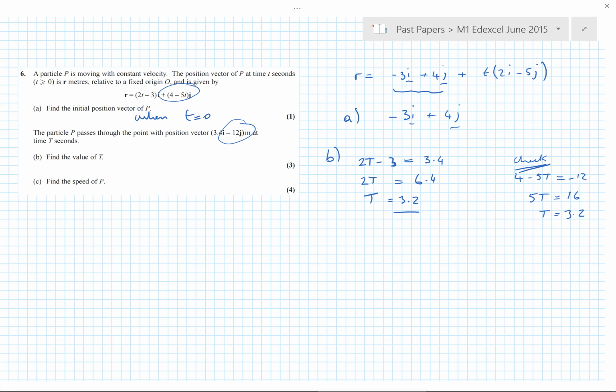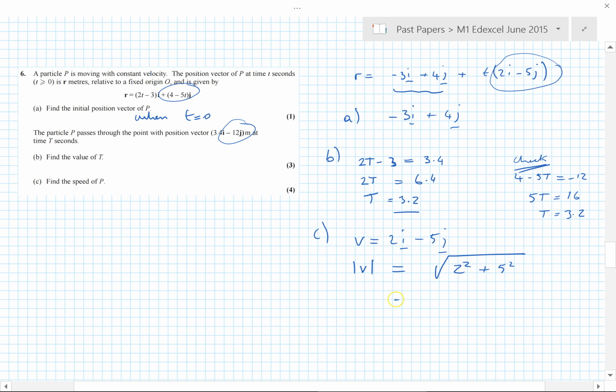Now, the velocity. I've already done the work really by separating it out for part C, and I used it for part A as well. But for part C, this is the velocity. So the speed is just going to be equal to, using Pythagoras on that, 2 squared plus 5 squared.